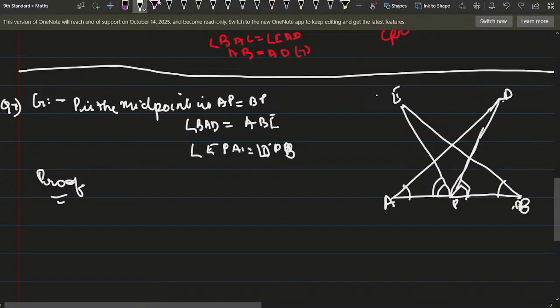Here, angle EPA plus angle DPB, or EPD, is equal to angle APD. This is equation number 1.